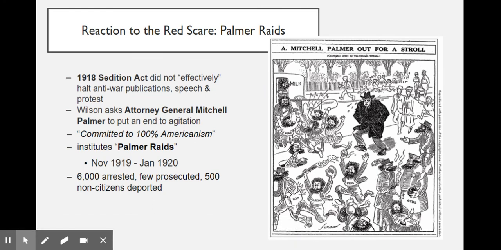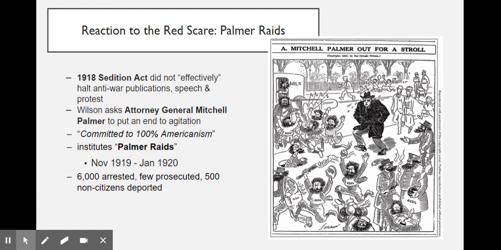In Woodrow Wilson's last year in office, which was already tumultuous because of the problems of the Versailles Conference and ultimately the treaty, he also found at home people wanted to see the executive do something about this threat of communism. And so he asked his attorney general to see to it. Do what you need to do with these people. There's already restrictions on much of what they publish and say because of the Sedition Act. You've got to take care of them.